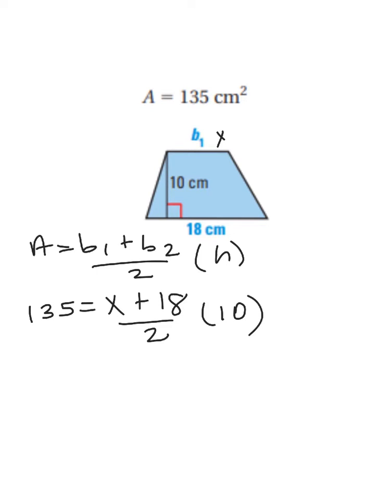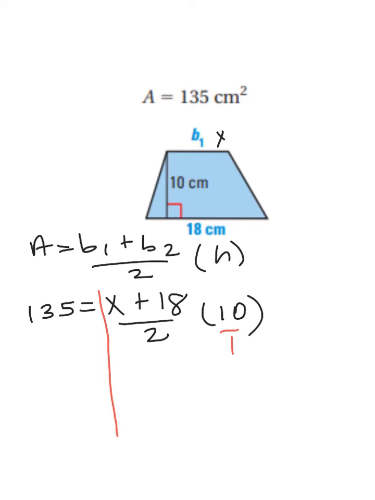There are multiple different ways that you can solve this equation, but I think the easiest way is to first simplify this fraction. Since I can see that there's a fraction on the right side of this equal sign, I have x plus 18 over 2. I'm also going to set this 10 up as a fraction, so that would be 10 over 1. And I know that I'm multiplying these together.